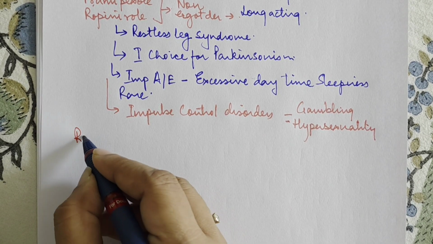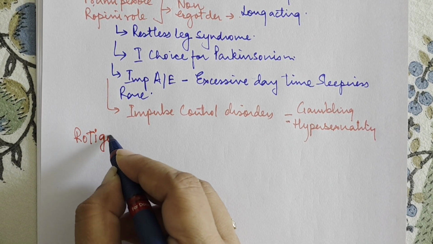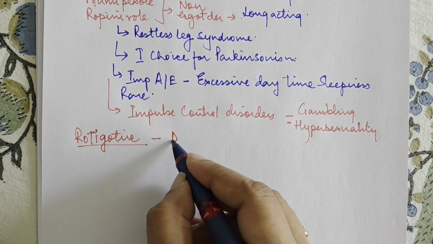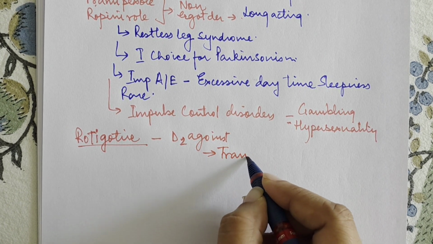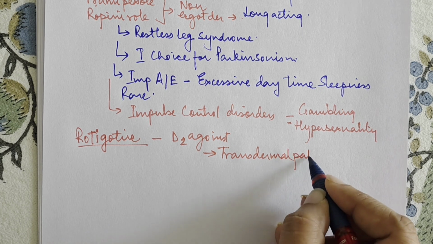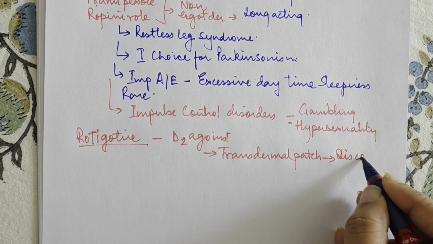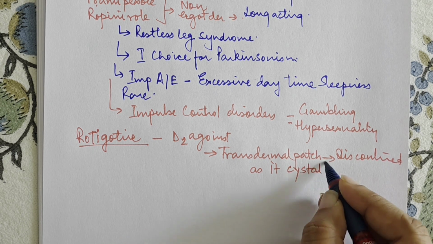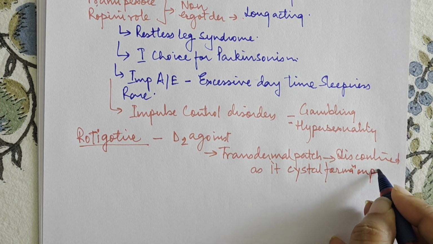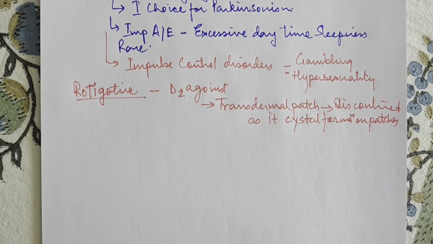Then there's a new drug, rotigotine. This drug is also a dopamine agonist. It was earlier given as a transdermal patch, but is now discontinued as there was crystal formation on the patches. Okay, so this is about the dopamine agonists.